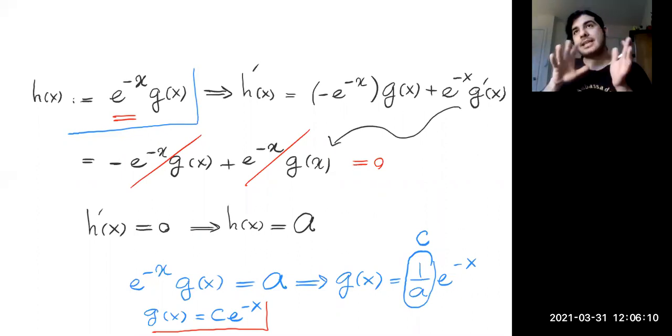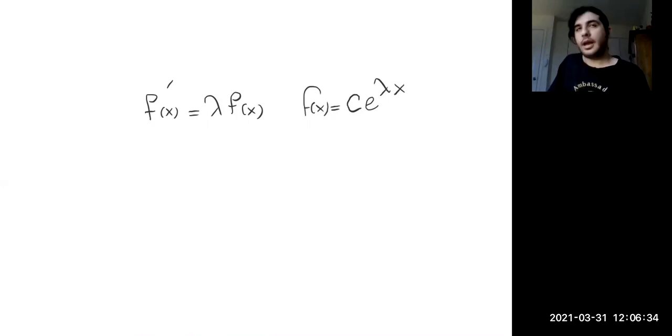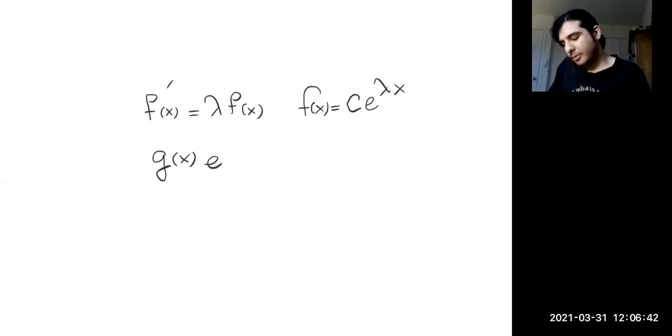And exactly the same argument holds for the more general case. If I want to show that the only solutions of this equation are of the form c e to the lambda x, the idea would be: suppose there is another solution to this equation, and this time rather than multiplying it by e to the minus x, I would multiply it by e to the minus lambda x and define that to be h of x.